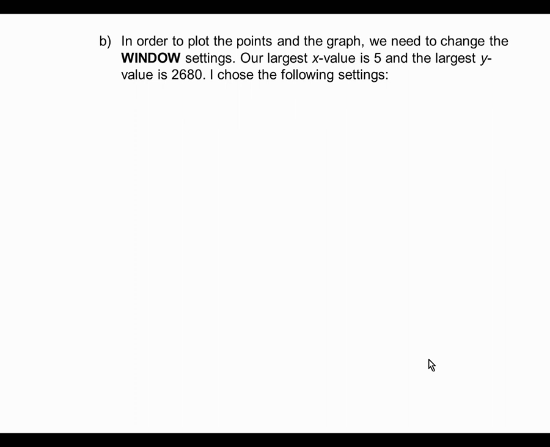Okay, for part B, to plot the points in the graph, we need to change the window settings. Remember our largest x value was 5, and the largest y value was 2,680. So for the x, or the t, it makes sense to go 0 to 5. So these are my window settings. I went a nice multiple of 100 past 2680.